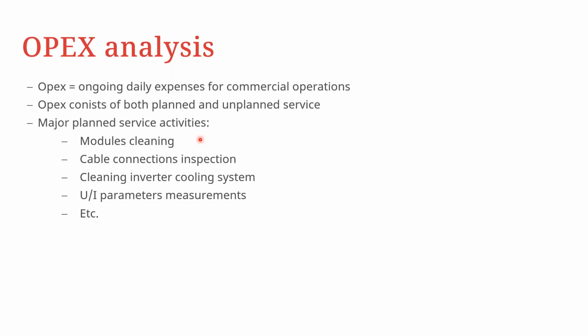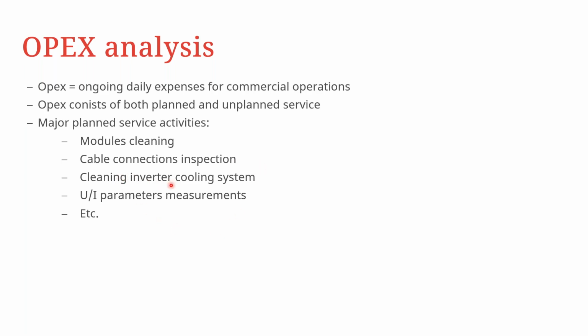Let's now have a quick look at the OPEX of the system. When it comes to the OPEX, this refers to the operating or ongoing daily expenses for commercial operations. OPEX consists of both planned and unplanned service. Major planned service activities, for example, could include things like module cleaning and cable connection inspections.